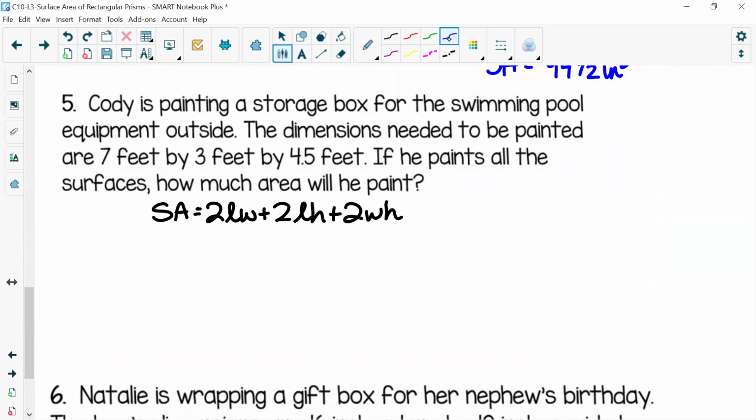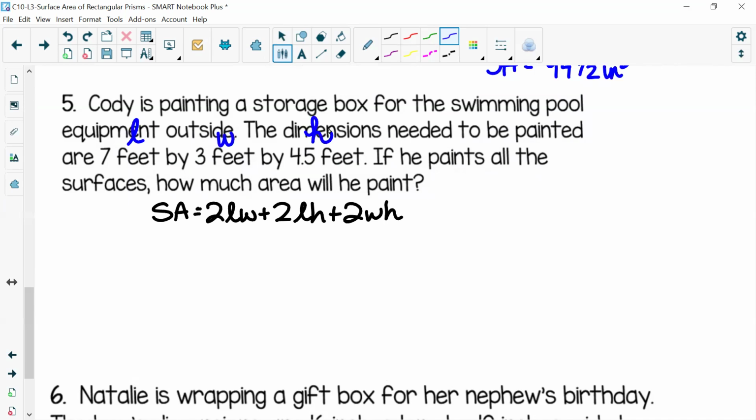Cody is painting a storage box for the swimming pool equipment outside. The dimensions needed to be painted are 7 feet by 3 feet by 4.5 feet. If he paints all the surfaces, how much area will he need? So I'm just going to go length, width, and height.